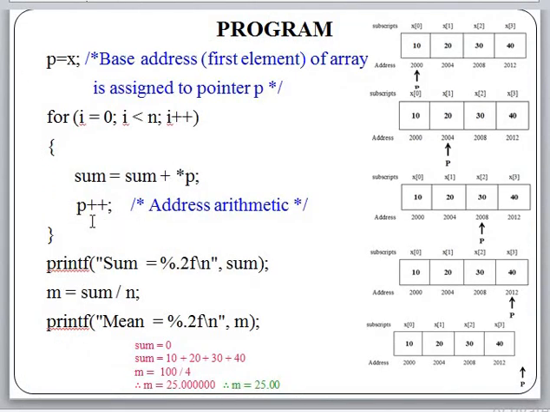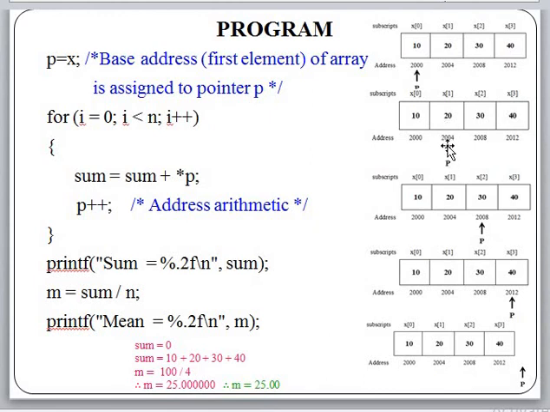In a 16-bit machine, float consumes 4 bytes. Normally p equal to p plus 1 means p plus plus. But in our case, pointer p is pointing to array x of type float, and float consumes 4 bytes. When I say p plus plus, it is nothing but p equal to p plus 4. Currently p is pointing to 2000, and 2000 plus 4 is 2004.